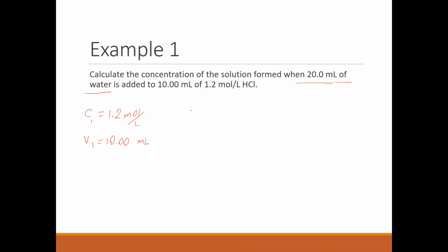By adding water the concentration changes, and we need to find the new concentration. V2 is the volume of the concentrated acid plus the amount of water that we added, so 20 plus 10 is 30 milliliters.